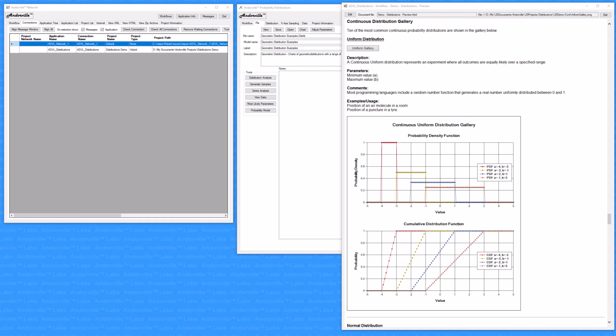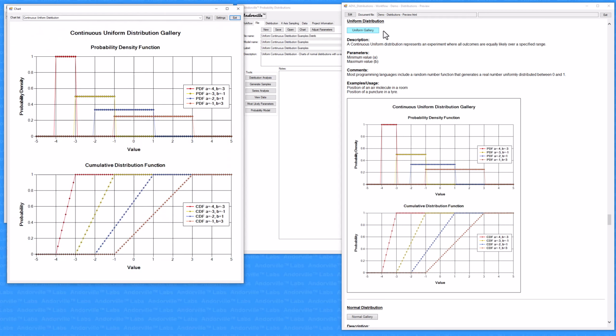Ten of the most common continuous probability distributions are shown in the gallery below. A continuous uniform distribution represents an experiment where all outcomes are equally likely over a specified range. The parameters are the minimum value and the maximum value.